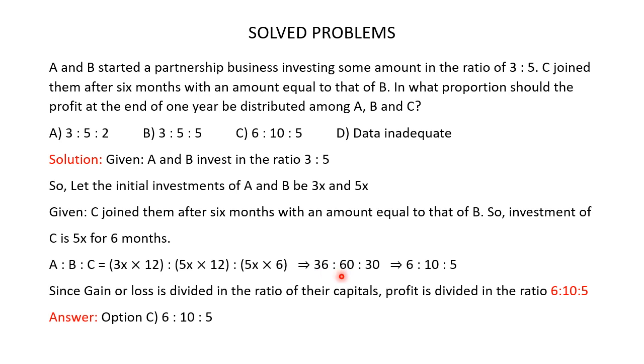On solving this, we get the ratio as 6 is to 10 is to 5. Since gain or loss is divided in the ratio of their capitals, the profit is divided in the ratio of 6 is to 10 is to 5. So the correct answer is option C, 6 is to 10 is to 5.